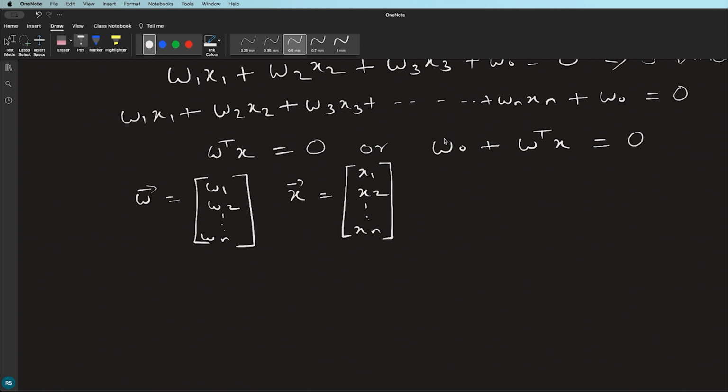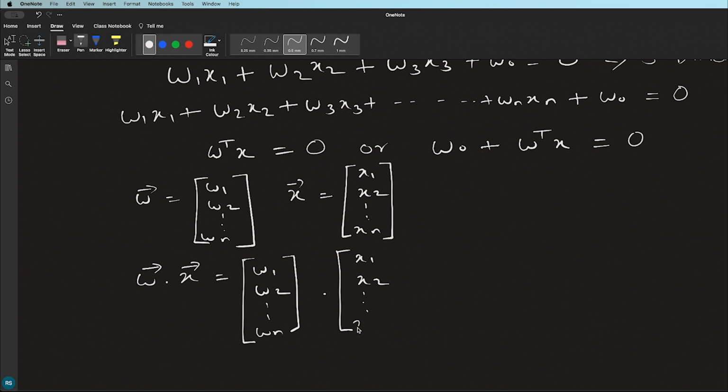So why did we write w transpose? Suppose I multiply this vector w, w1, w2 up to wn, with vector x, x1, x2 up to xn, equal to 0.